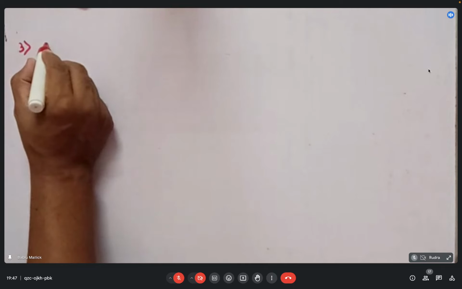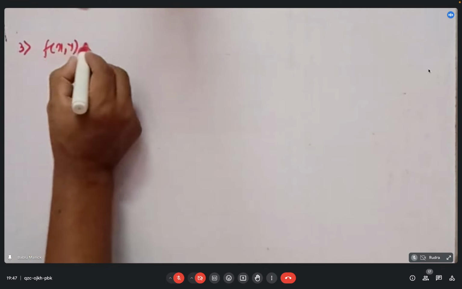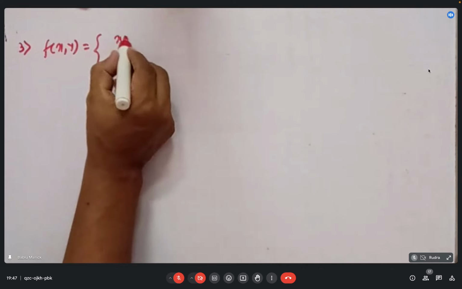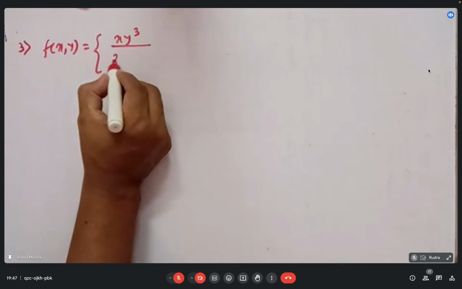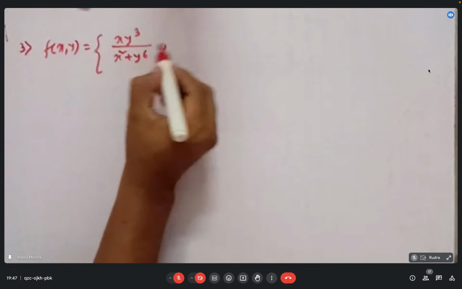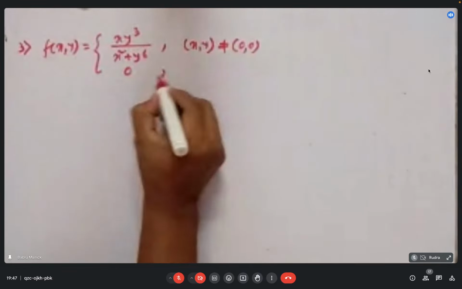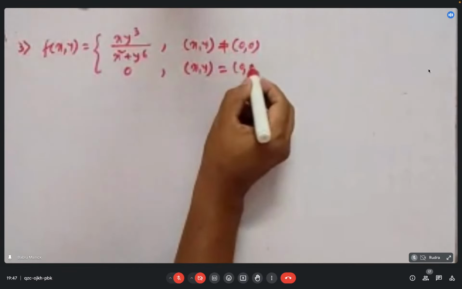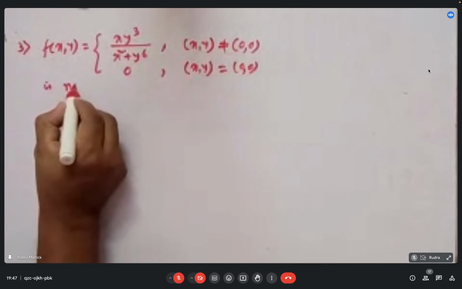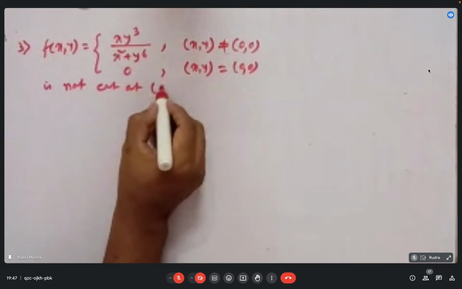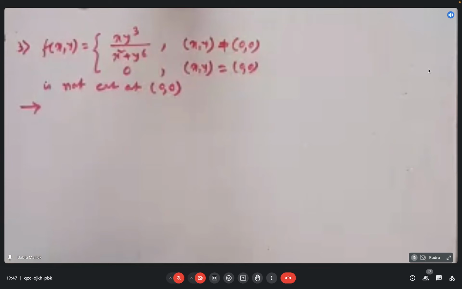Number 3. So that f(x, y) is equal to x into y cube divided by x square plus y to the power 6 when (x, y) is not equal to (0, 0), and 0 when (x, y) is equal to (0, 0), is not continuous at (0, 0).